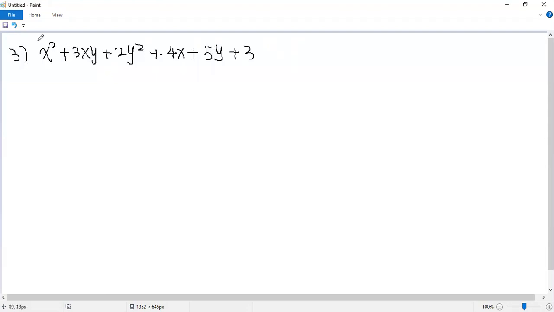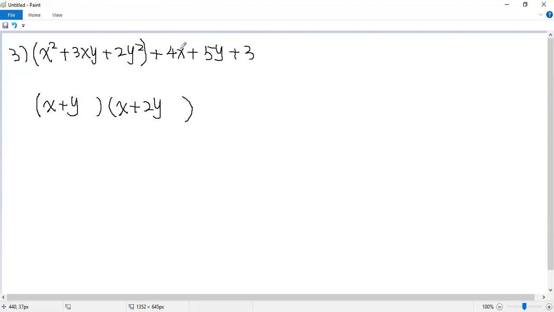But we can focus on the quadratic part. It can be factored. Find two numbers such that the sum equals 3, the product equals 2. They are 1 and 2. So the first part can be factored as (x plus y) times (x plus 2y).